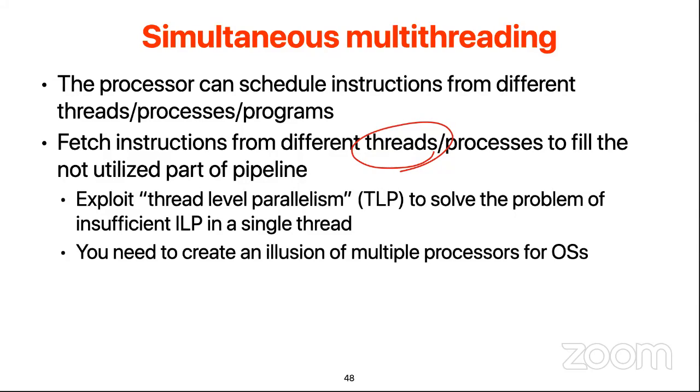It doesn't necessarily mean threads that share the same memory space as you learned in operating systems. It could refer to another process. So that's why I put process here. You fetch instructions from another running program to fill the unutilized part of your pipeline. In this way, you are sharing your resources with another program.